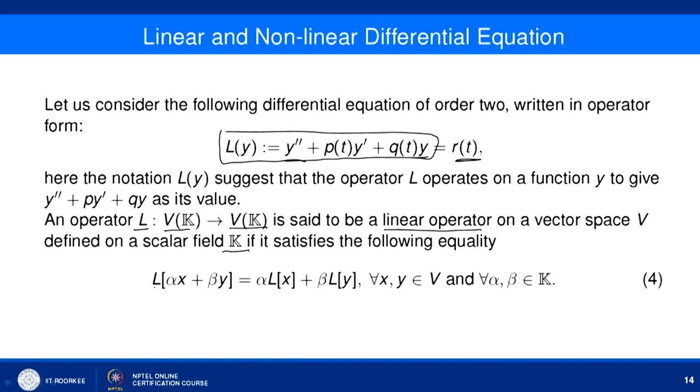L operating on alpha x plus beta y is equal to alpha times Lx plus beta times Ly, and this is true for all x, y coming from this vector space V and all alpha, beta coming from this scalar field K. If it is true for every x, y in vector space V and every constant in K, then we say that this L is a linear operator, otherwise it is called a non-linear operator.